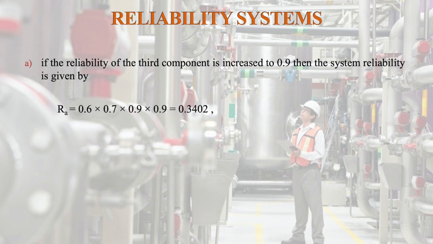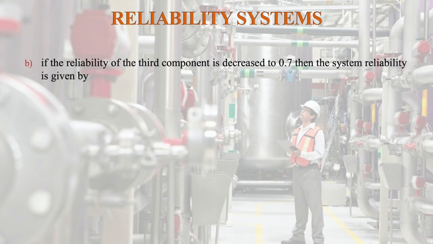So the reliability of the system is increased by increasing one component's reliability. So the overall reliability increased by 0.0378.